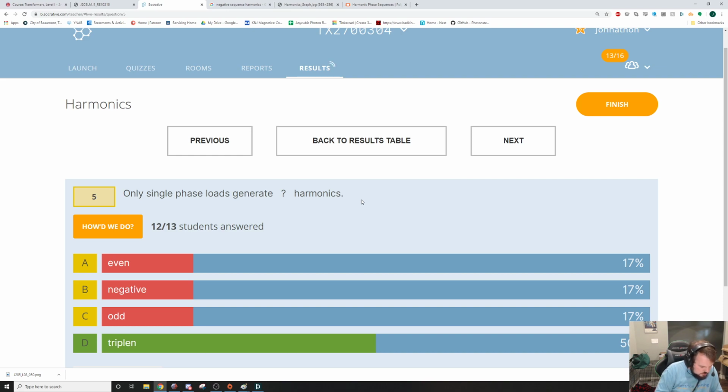Let me use the index. Triplen transformer, probably under H for harmonics. Harmonics. Triplen. Page 101, 102, 116, 117. Probably 101 and 102.